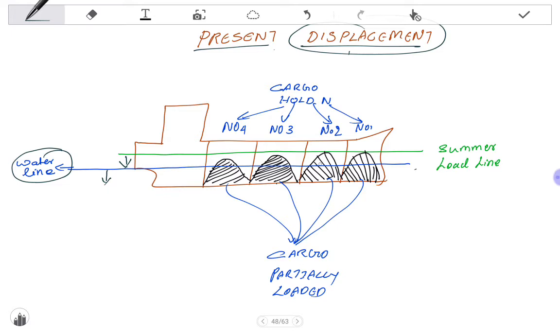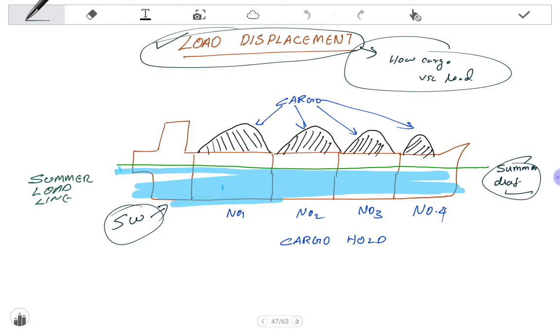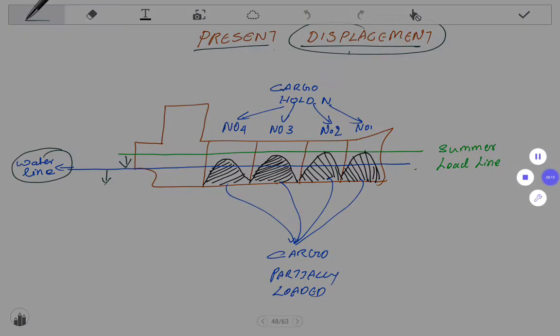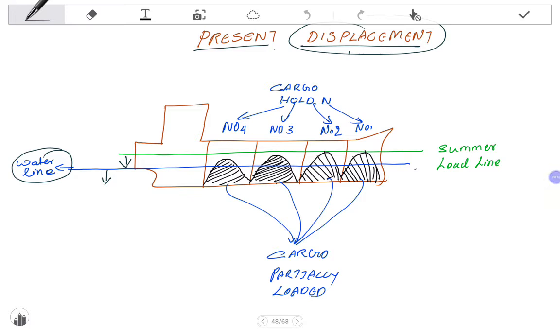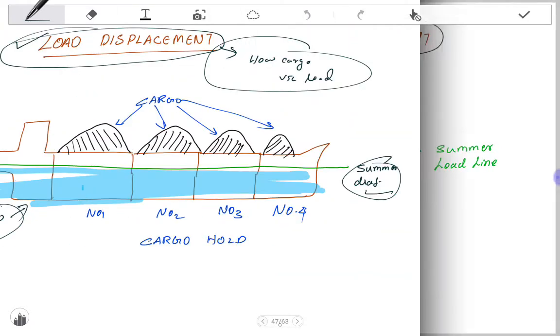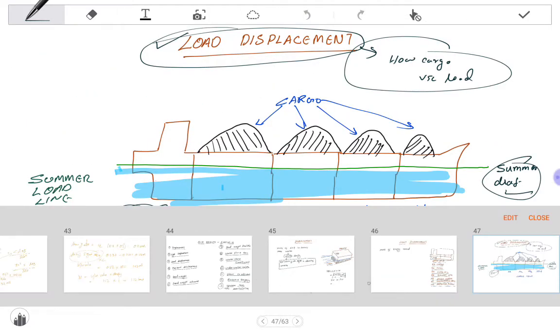To find out the present displacement, we have to add all the cargo which is already present on board, and all the water and stores, plus the light displacement.